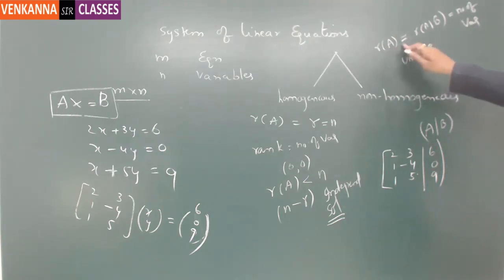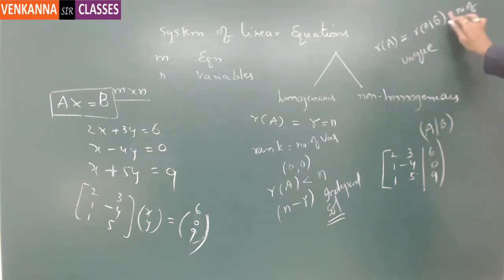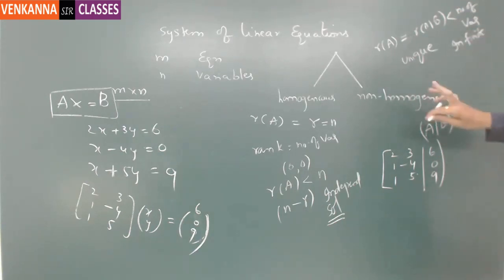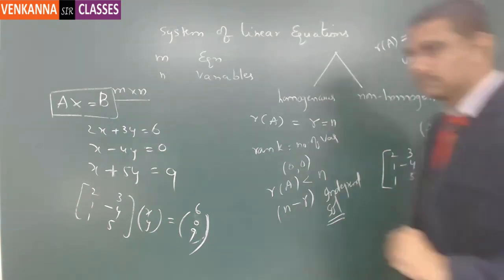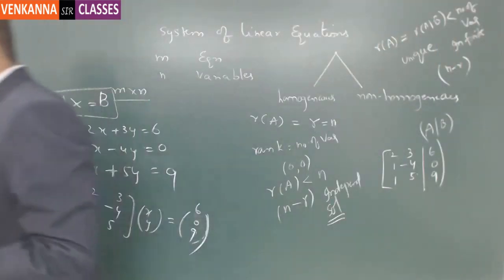If rank of A is equal to rank of A by B and it is less than the number of variables, in such a case you will get infinite number of solutions for the given system, and among which the number of independent solutions is given by n minus r. n stands for the number of variables, r stands for the rank of the matrix. So this is the pattern for solving a non-homogeneous system. Okay, so please take a note of that.